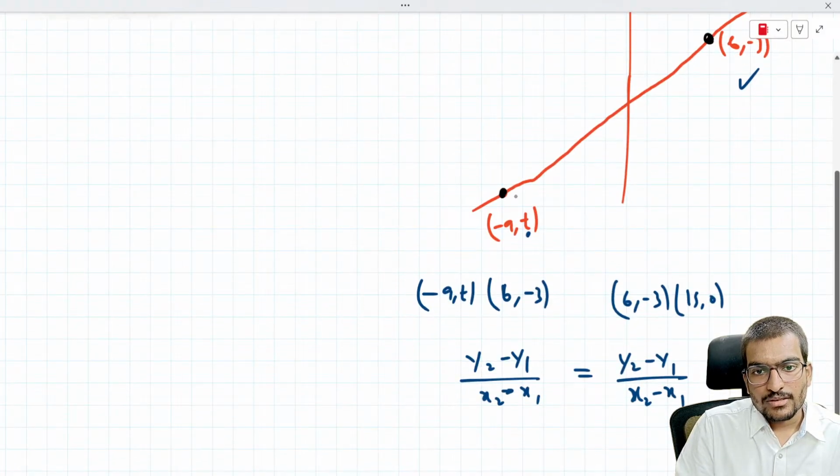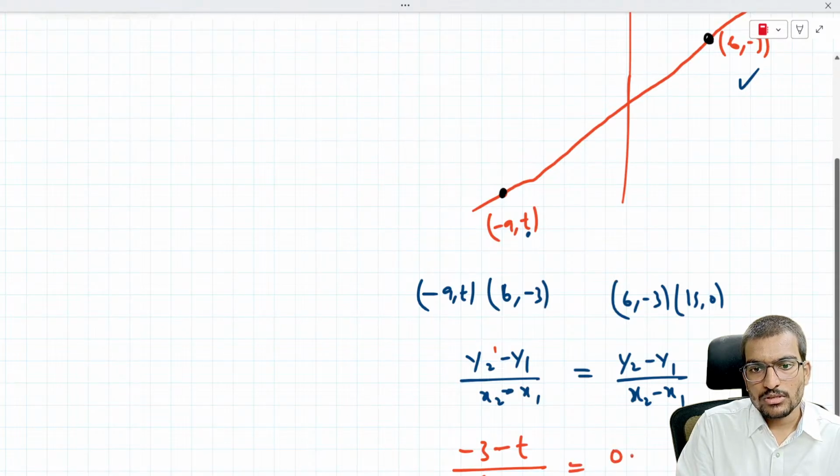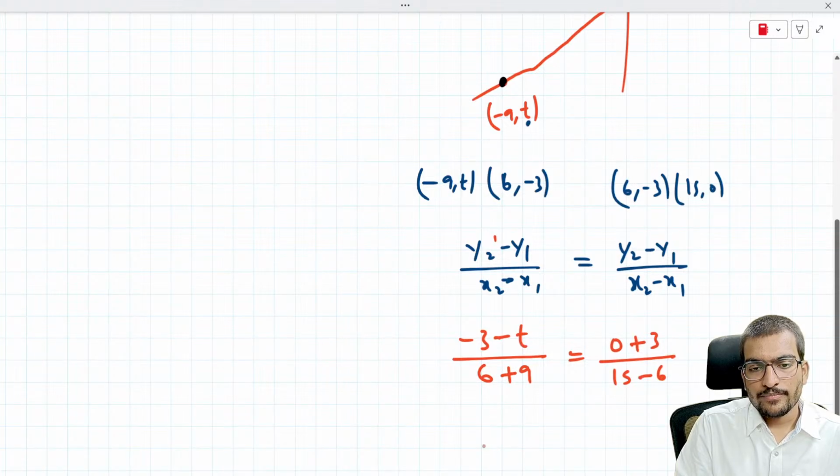Now let's apply it. y2 is negative 3, y1 is negative t, divided by x2 is 6, minus of minus 9, plus 9. That equals y2, 0 minus of negative 3, so plus 3, divided by x2, 15 minus 6. So negative 3 plus t over 15 equals 3 by 9, since 15 minus 6 is 9.